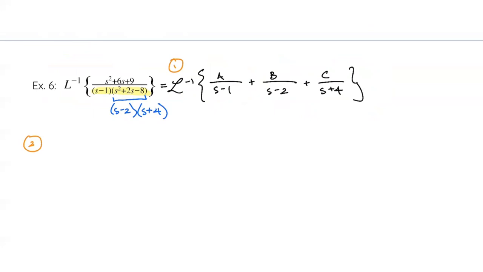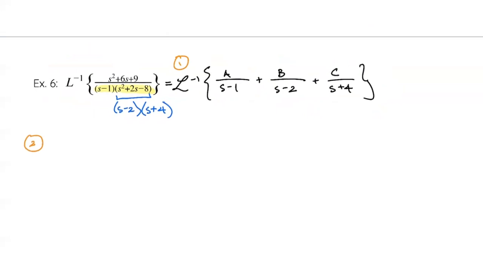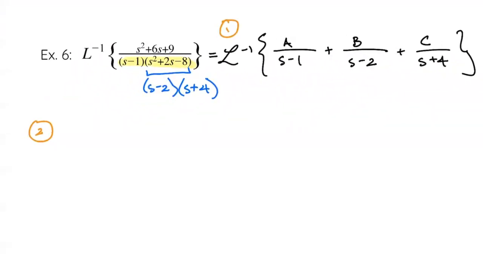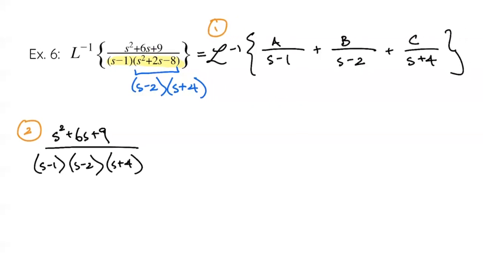This one's a little bit longer than the other one. There's just more terms, all right? So I'm gonna be really careful about my writing. s squared plus 6s plus 9 over s minus 1 times s minus 2 times s plus 4. And I'm going to build very carefully.